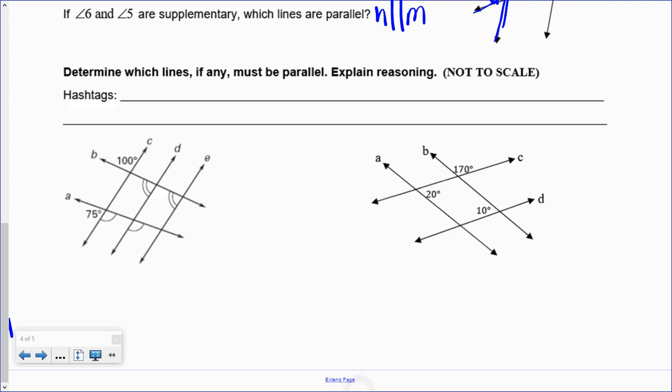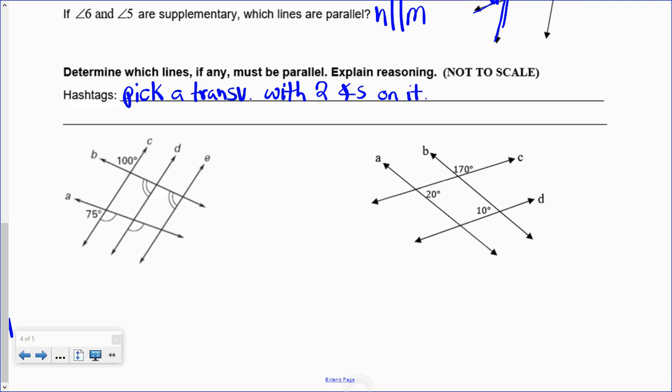The way that we do that is you're going to pick a transversal with 2 angles on it. That's your first step.